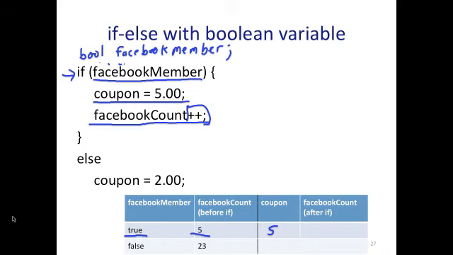So its value of Facebook count was 5. It's now going to be 6. Whereas here, in this case, Facebook member is false, so we end up coming down here, and coupon only gets set to 2 in this case. And in that case, Facebook count, which is 23, remains unchanged.